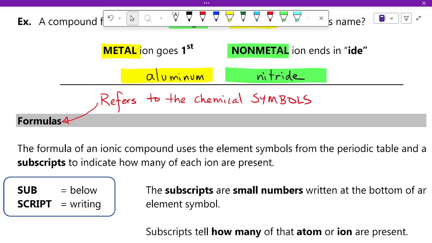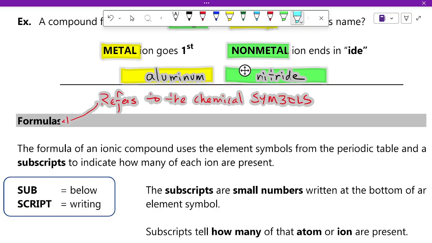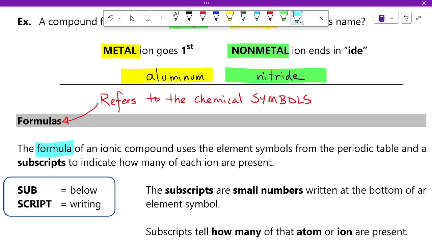So the formula of an ionic compound just uses the element symbols from the periodic table. Okay? And the other thing we use are subscripts.